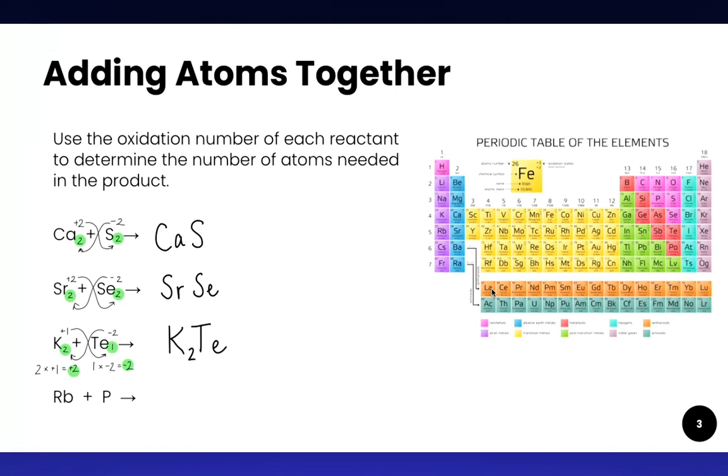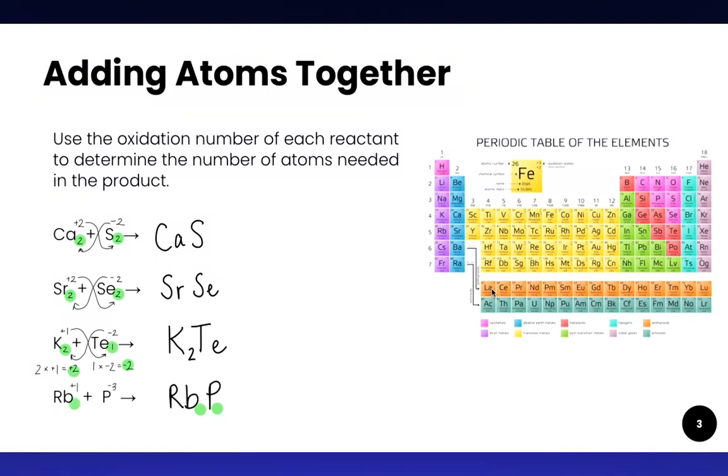Okay, our last example is rubidium and phosphorus. Rubidium is a group 1 element, so it has a charge of +1. Phosphorus is a group 5 element with a charge of -3.